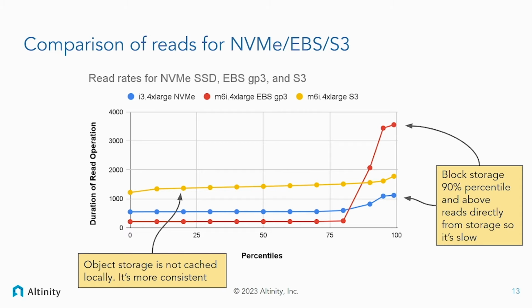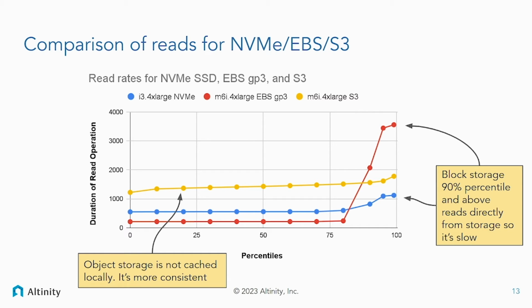The last graph is just showing a comparison of reads across these different storage types, starting cold and then filling the cache. This shows the distribution of the reads, the percentiles. For the block storage types, like the blue is NVMe SSD and EBS, they have very high P90, P95, and P99, because those are the files they're still reading from cold storage rather than the buffer cache.